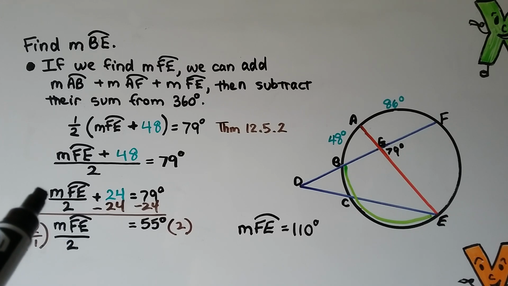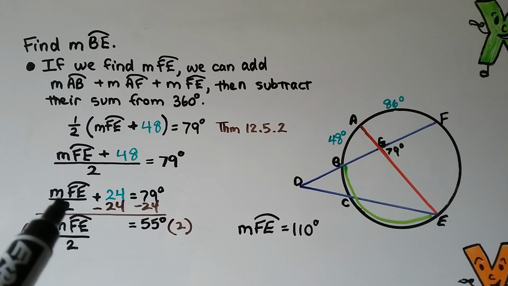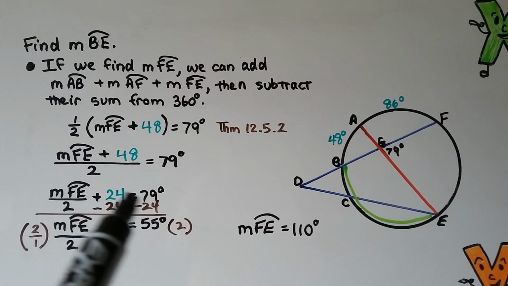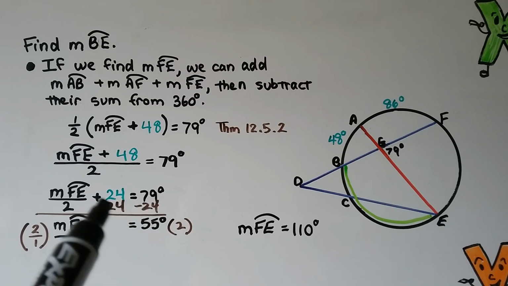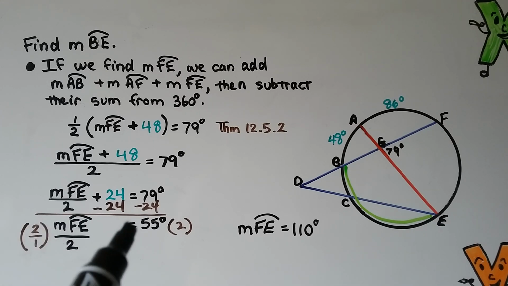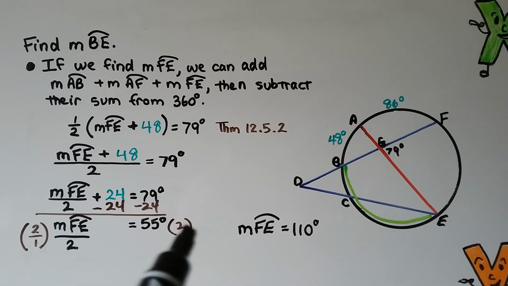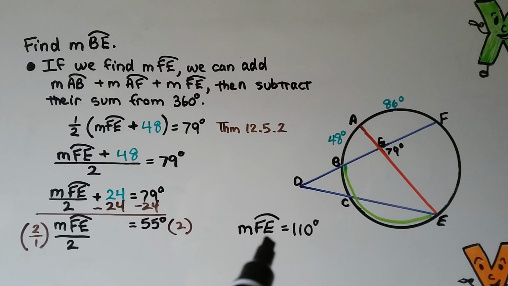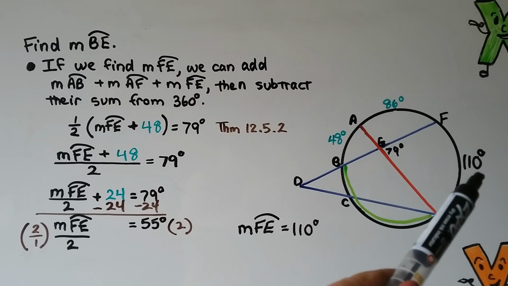We've got the quotient of the measure of arc FE and 2 plus 24 equals 79. We can subtract 24 from each side and get that the quotient for the measure of arc FE and 2 is equal to 55 degrees. We can multiply both sides by 2, and we'll get that the measure of arc FE is equal to 110 degrees. So now we know that that's 110 degrees.